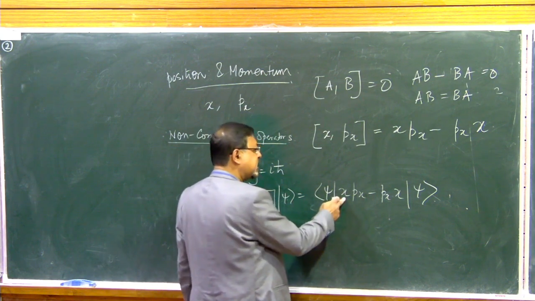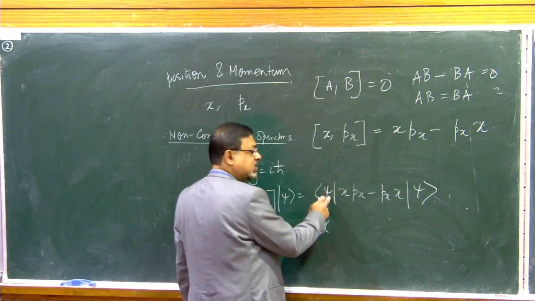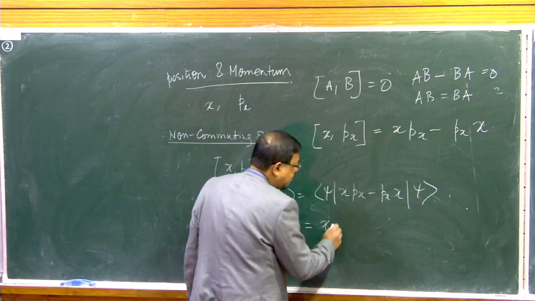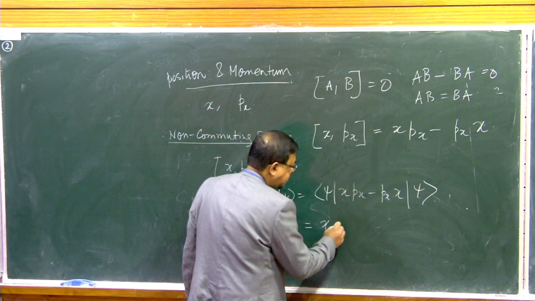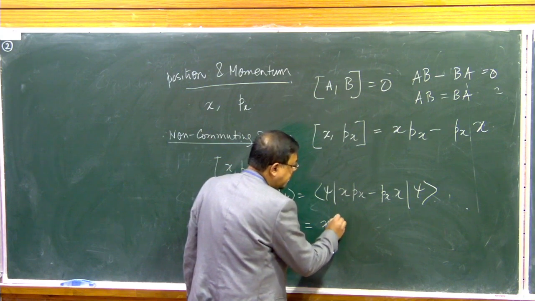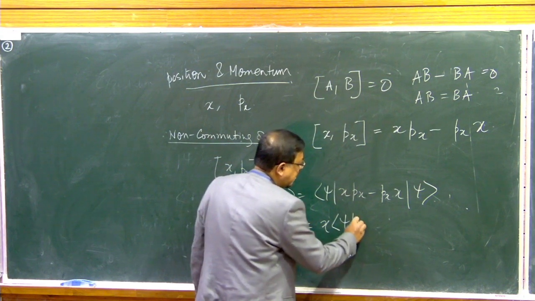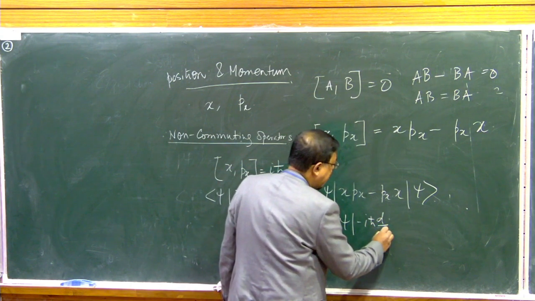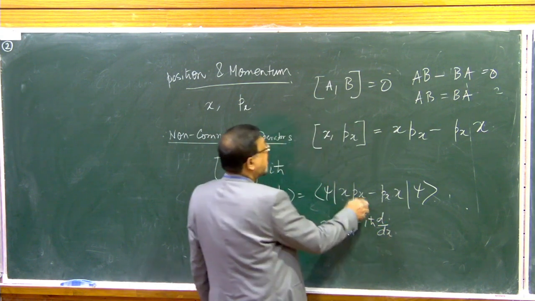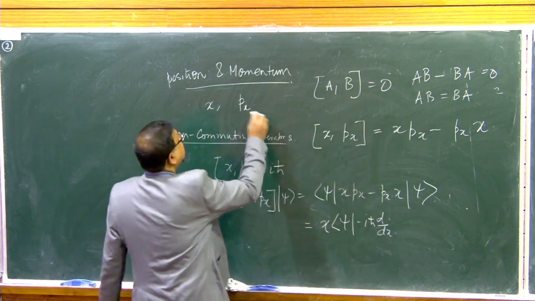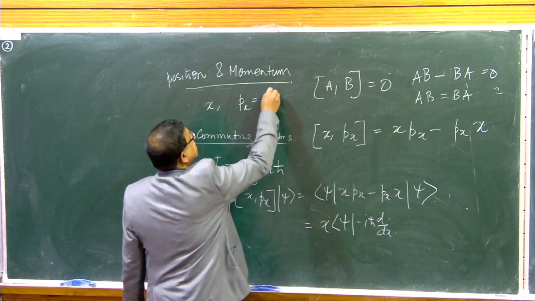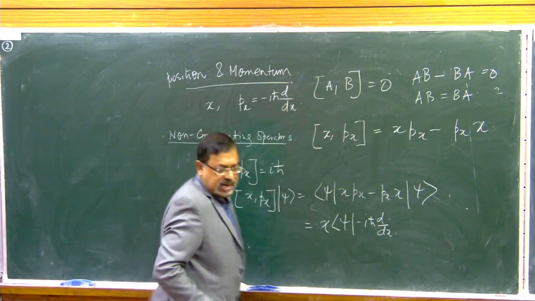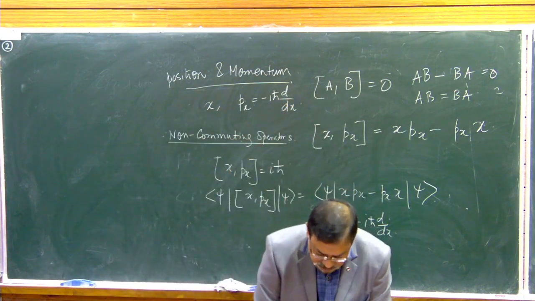So x is an operator now acting on psi, and will give me the x, and then you have a minus i h cross d/dx. So that's the form of this momentum operator, which is in real space. It looks like minus i h cross d/dx. Let me try to give you a little more.